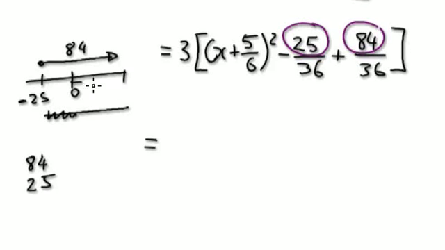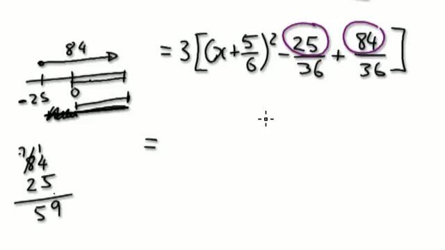That will give me this length here. So I get the 84, cut this bit away, and that will give me this length here. So this will be 9, 5, 59. So it will be positive 59.